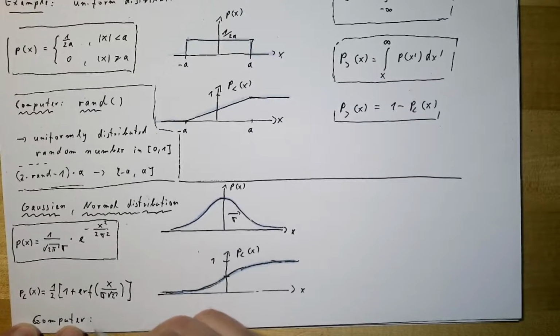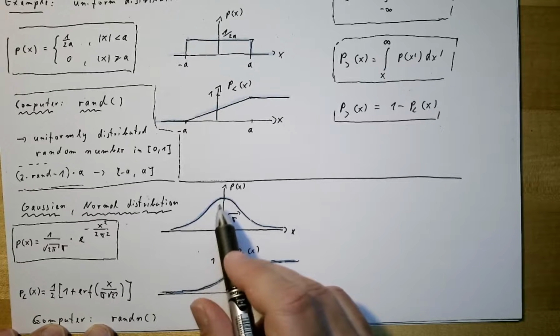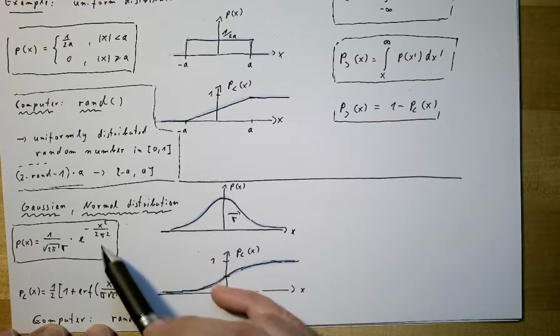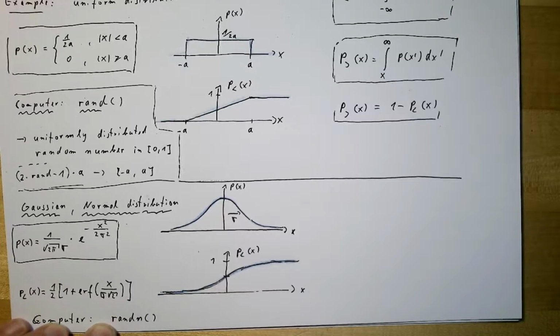So most computer languages have this built in, and there you just call randn, normal, and this gives you a Gaussian number with standard deviation sigma equals 1.